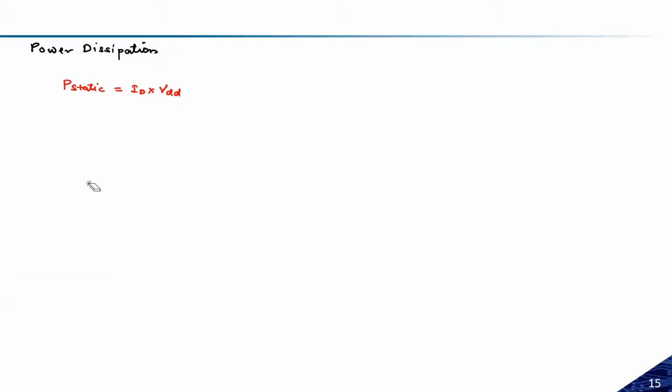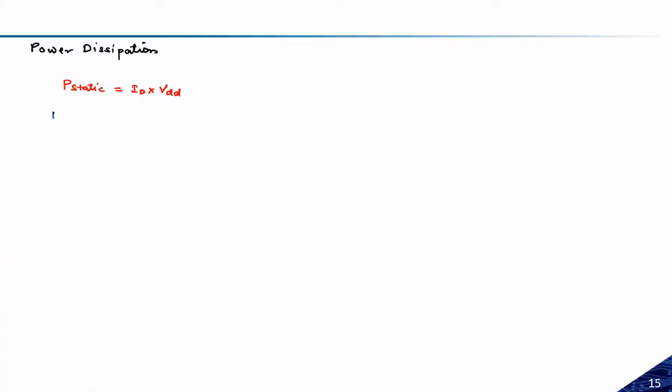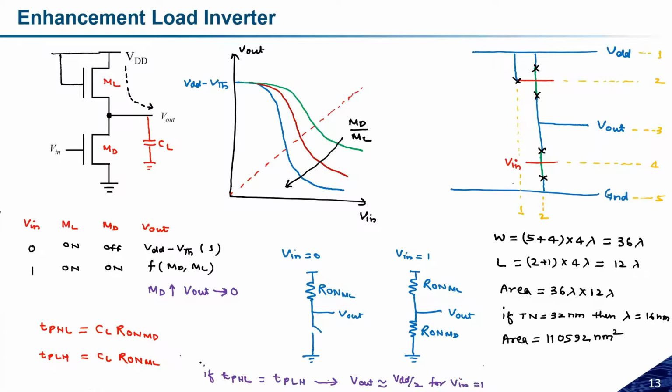And if Vin is equal to 0, then what will be the ideal value of static power dissipation? If Vin is equal to 0, one transistor is in off state, and the equivalent circuit will look like this.